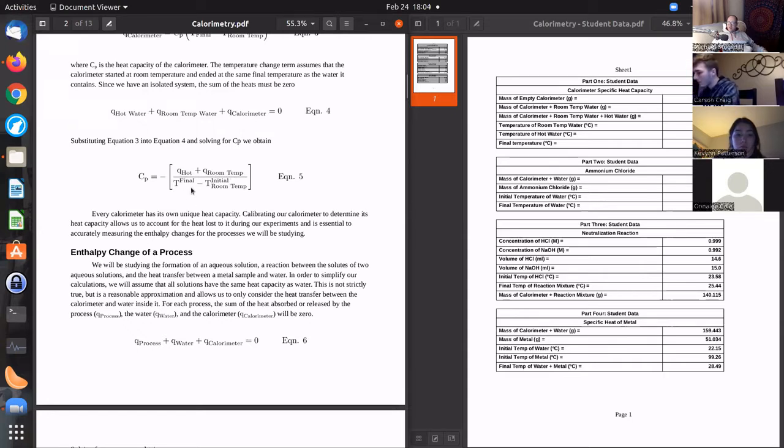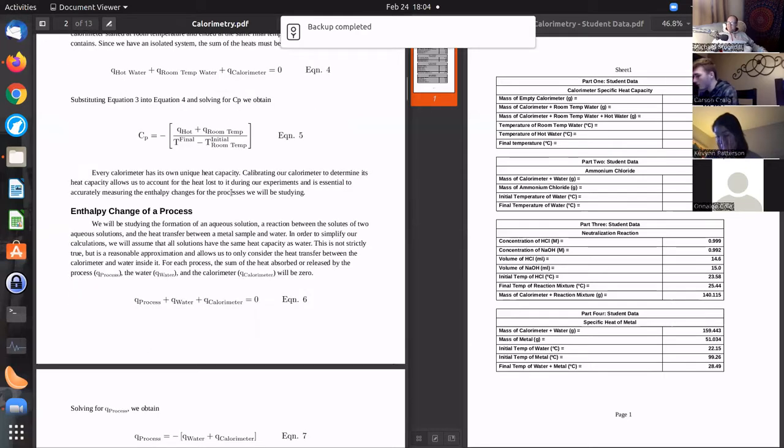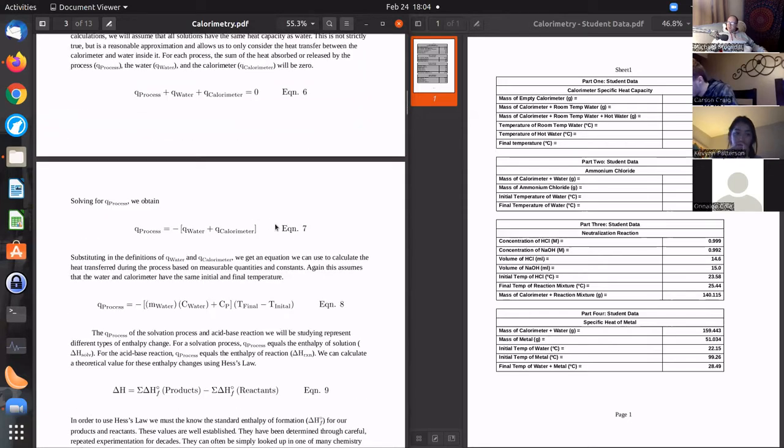The T final is higher than the initial room temp water, so this is going to be a positive. This whole ratio on the inside, therefore, comes out negative. So we have to multiply it by this negative out here to make sure that our CP value is positive, because CP should be a positive value. Does that make sense? Yes. Okay. And that's part one.